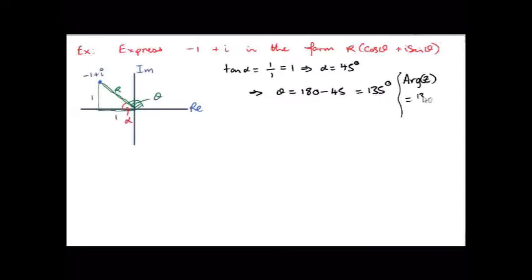Isn't it 135 divided by 180 multiplied by pi? Because pi radians is 180 degrees. 45 goes into 135 3 times, 180 4 times, so arg z will be 3 pi over 4. Just if they ask that little bit there.